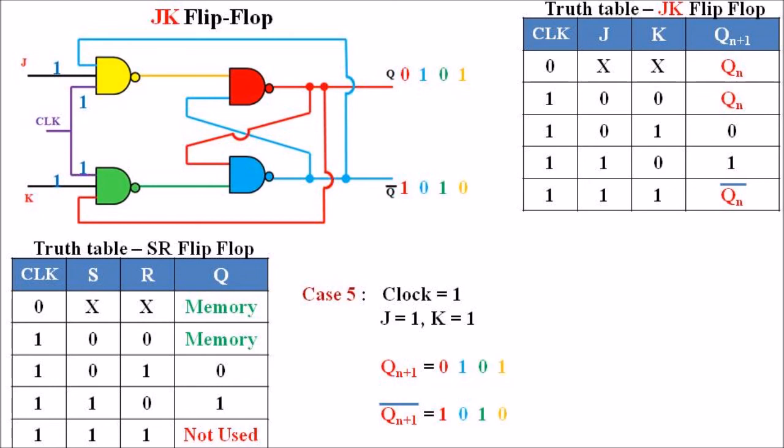So this is the truth table for the JK flip-flop, and here also there is a confusion that the case of clock equal to 1, J equal to 1, K equal to 1 is a toggling or continuously flipping condition. This is a drawback of this JK flip-flop, and this condition is also known as the race around condition, and the race around condition can be overcome with a simple circuit change, and that circuit will be discussed in the upcoming set of lectures.